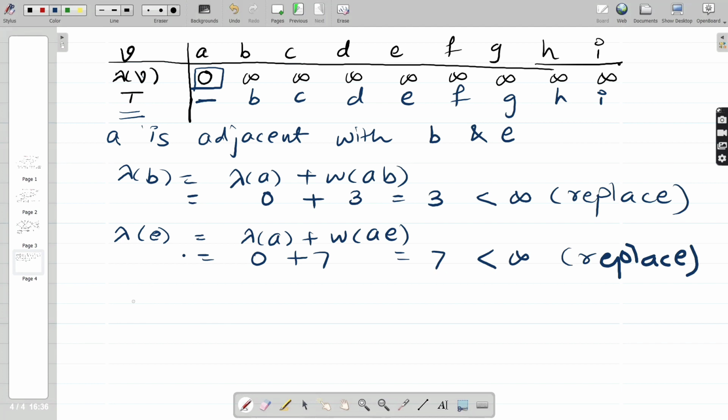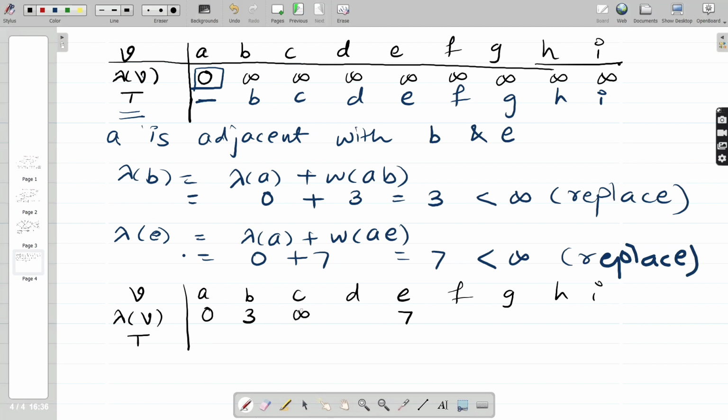So now we will get the next table as V, lambda V and T. Here I am writing all my vertices A, B, C, D, E, F, G, H, I. Here I am writing 0. Now lambda B is replaced by 3 and lambda E is replaced by 7. All other values remain as infinity because A is not adjacent with them.